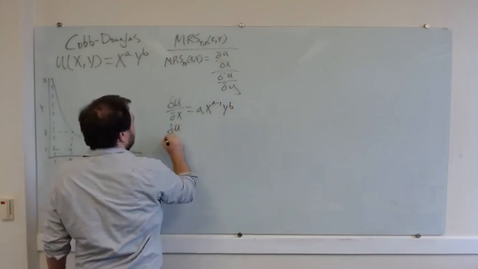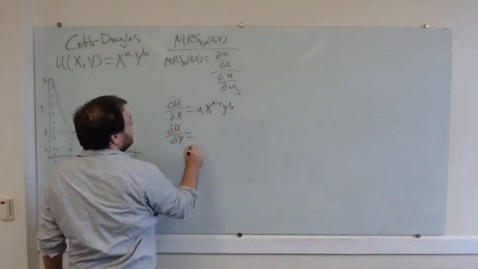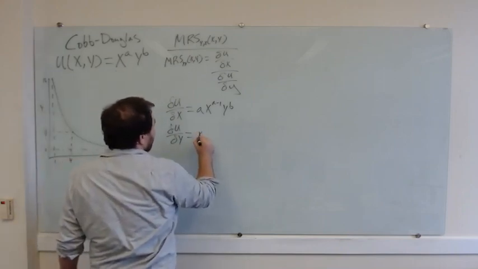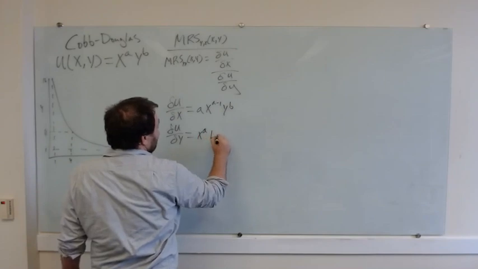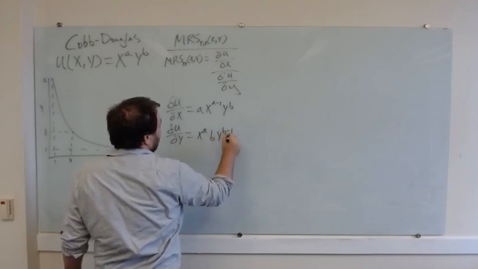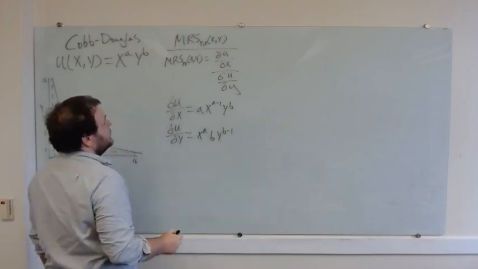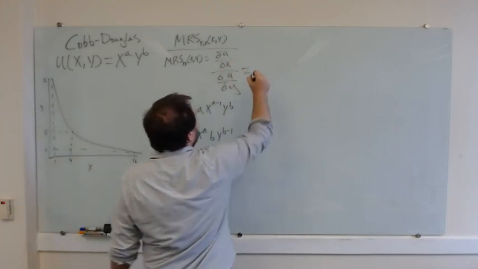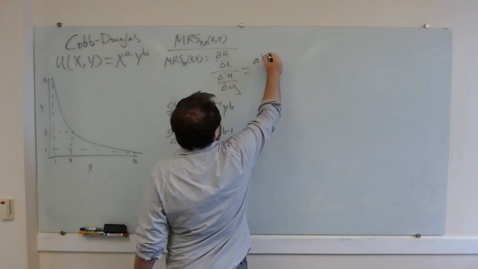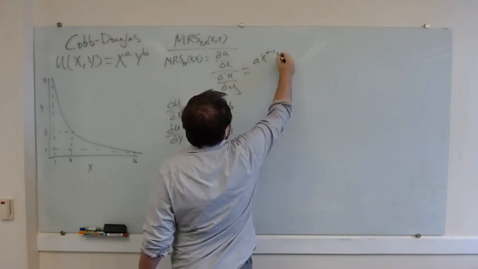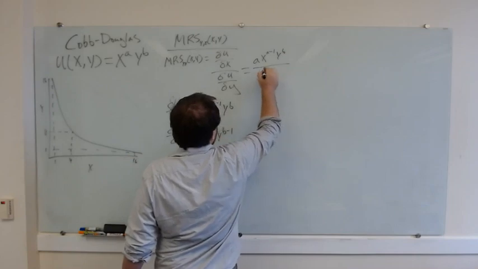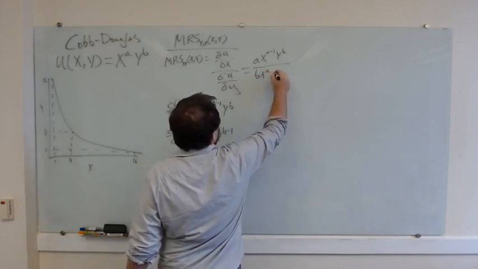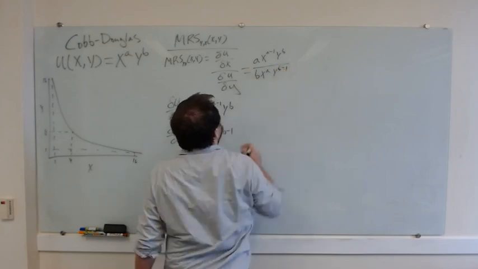And du dy, we're going to treat x as a constant. So it'll just be x to the a times b y to the b minus 1, for exactly the same reason. So as a result, our MRS, du dx over du dy, is going to be a x to the a minus 1 times y to the b over b x to the a times y to the b minus 1.